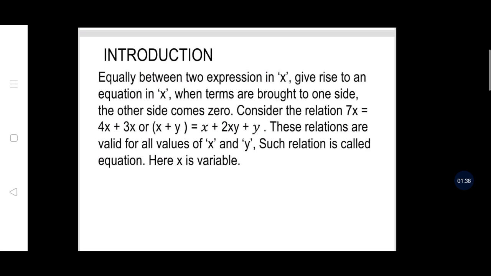Consider the relation 7x = 4x + 3x, or (x + y)² = x² + 2xy + y². These relations are valid for all the values of x and y. Such a relation is called an equation. Here x is the variable.